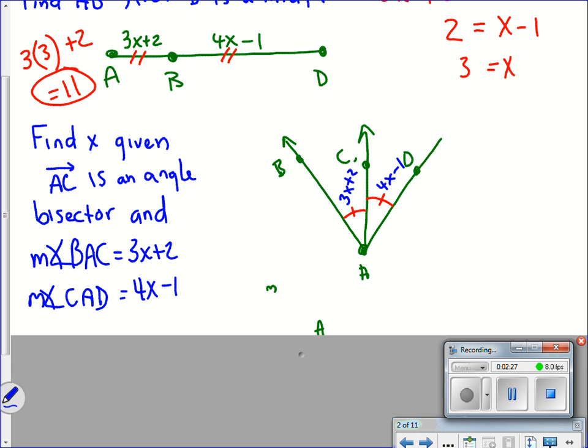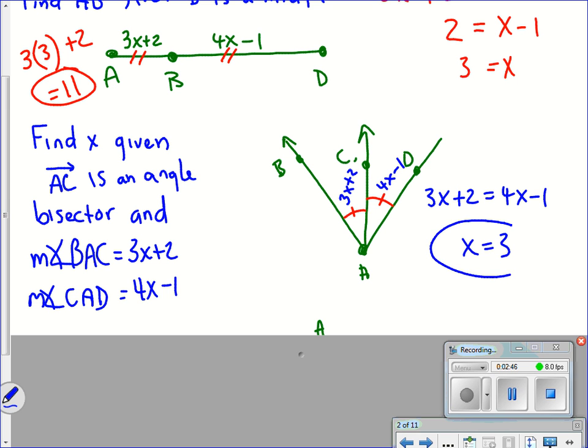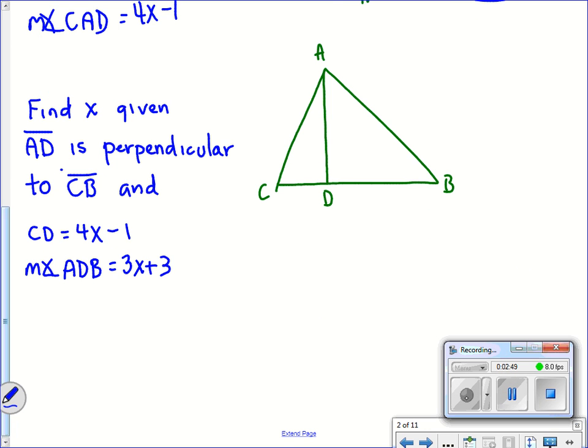Since they're congruent, I can write the equation that those two things are equal to each other. And once again, x is equal to 3. Now that's an angle measurement that I'm working with. So if it was asking me to find an angle, I'd plug it back in. In this case, it's just asking me to find x. So there's my answer.